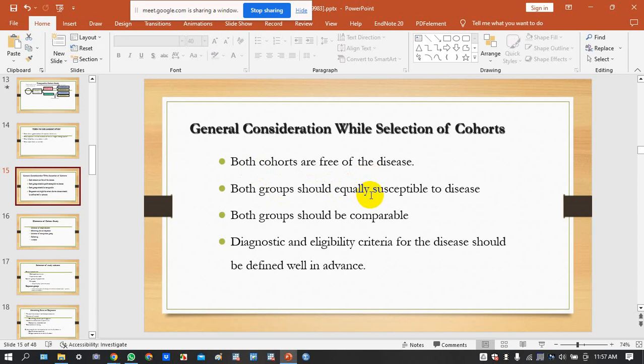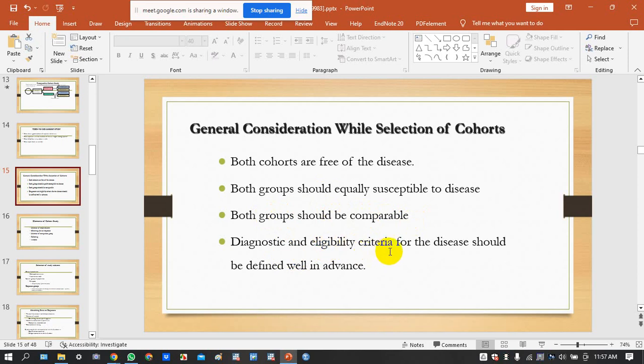If you want to study hypertension, you pick two groups of people who don't have the condition. Then both groups should be able to develop the condition along the course of pregnancy or along the course of their being in the study. So both groups should be comparable. The exposed group and the control should be comparable.